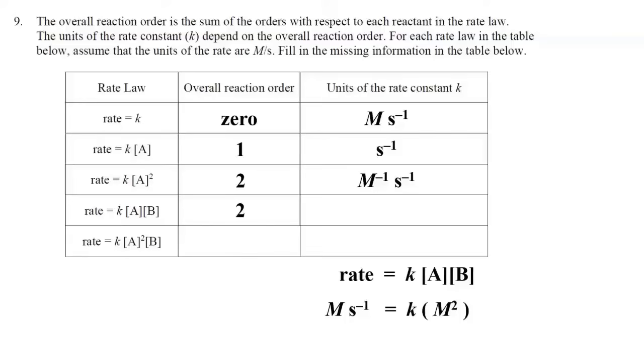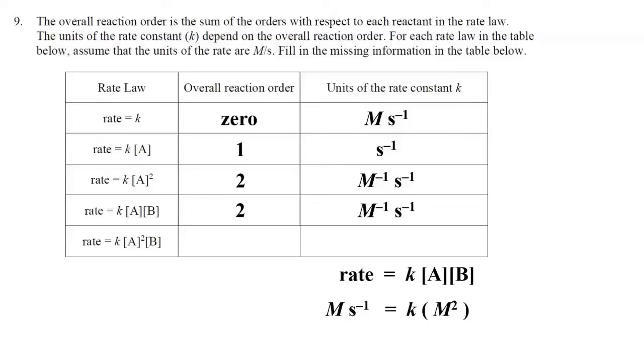So I would still have the same situation as if I had second order with respect to one chemical. I have second order overall, so I'm going to have molarity to the negative 1 power times seconds to the negative 1 power. And again, I do that so that the units of the rate constant will be whatever they need to be so that the units match on both sides of the equation.